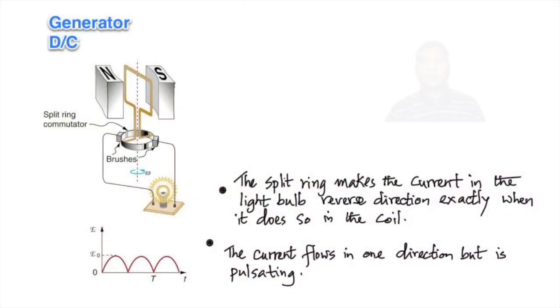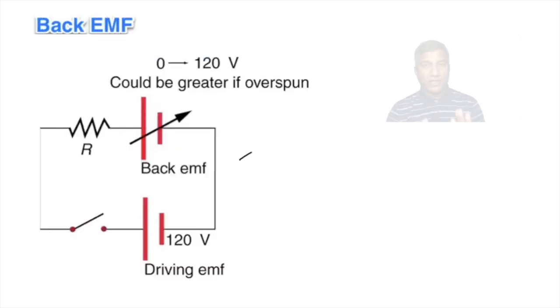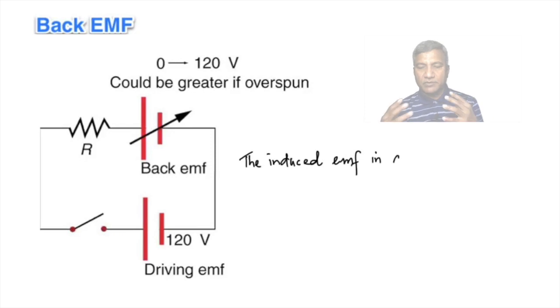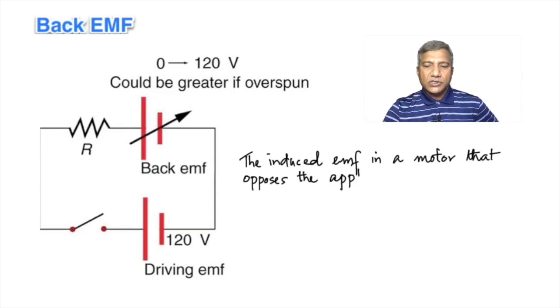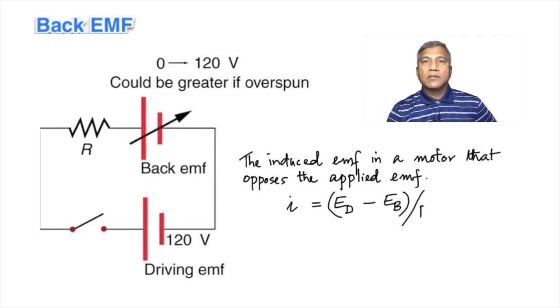This is the concept of back EMF. Let's take it slowly. The word back EMF itself means there is an EMF induced which is opposite to the applied EMF. As shown in this diagram, we can see that there is maybe a motor that is switched on.